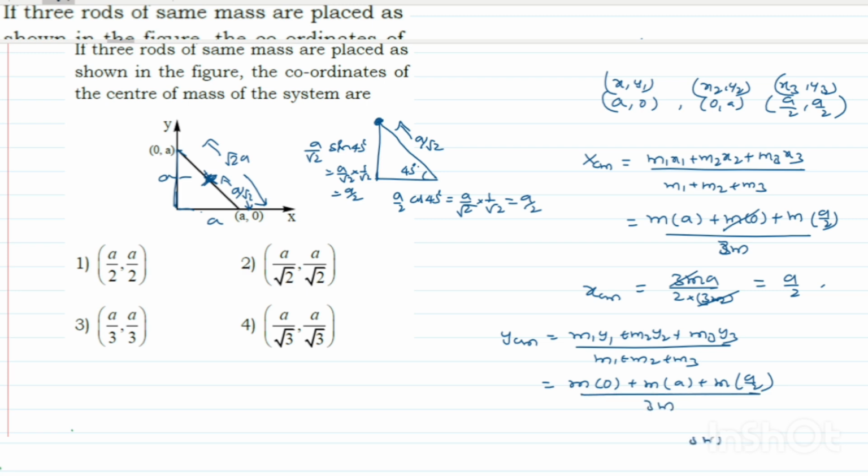That is m into y1, which is 0, plus m into y2, which is a, plus m into a by 2, divided by 3m. So ma plus ma by 2, taking ma common, 1 plus 1 by 2, gives 3 ma by 2 by 3m. The 3m gets cancelled, and we get a by 2. So a by 2 and a by 2 is the correct answer.